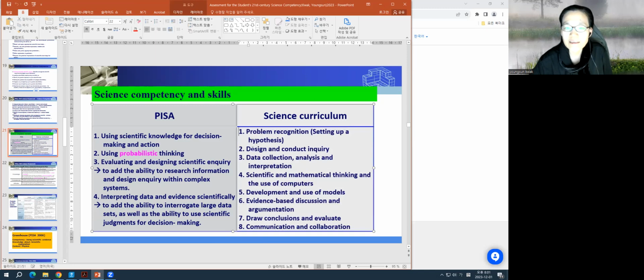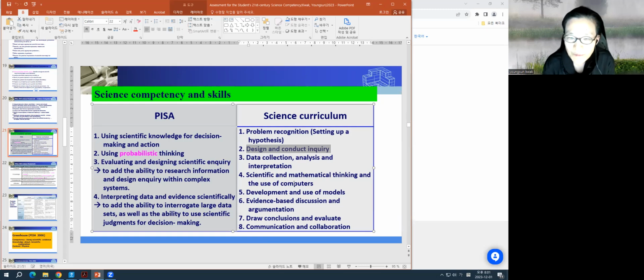And the second step is design and conduct inquiry. And the third step is about data collection, analysis, and interpretation. And the next step is scientific or mathematical thinking and the use of computers, or sometimes the use of computational thinking.